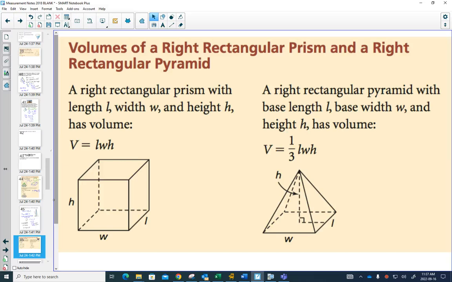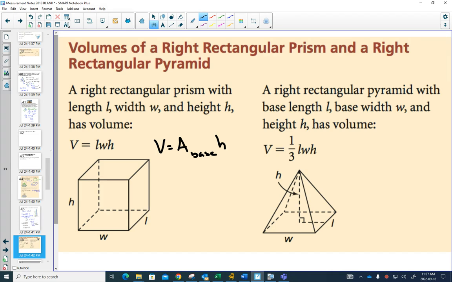Volumes of right rectangular prisms or right rectangular pyramids. Okay. Notice that they give you length times width times height for this prism. Can you see that this is the same as this? Because what's the area of the bottom?